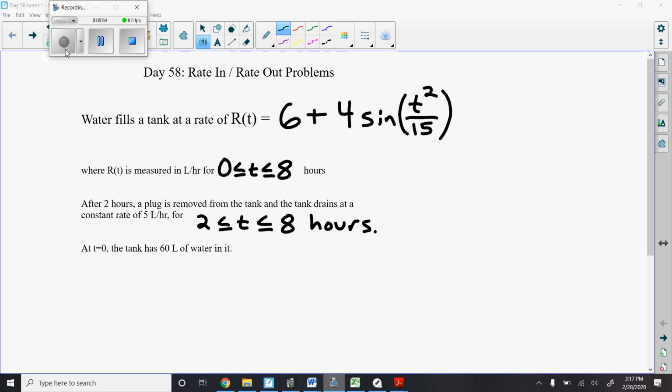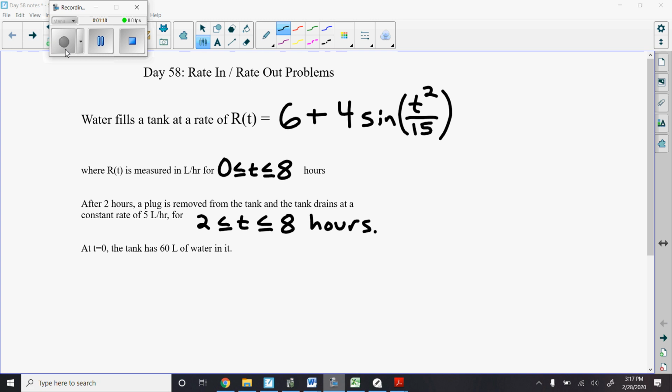Now, if it's water filling a tank, do you think that would be considered the rate in or the rate out? Well, in this context, this is definitely the rate in. What I want you to do when you see these kind of problems, okay, we'll look at a lot of them, is identify what is your rate in. By the way, these are almost always calculator problems.